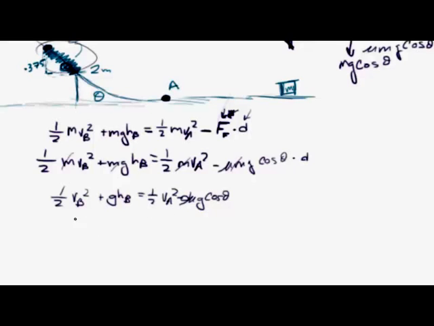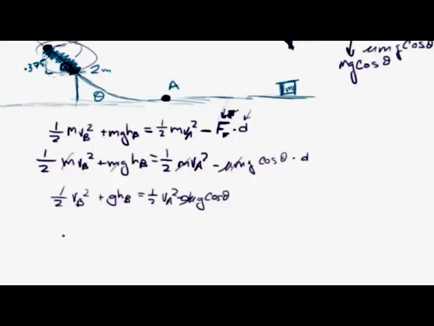So we are looking for the velocity at B. What are we going to be left with? We'll subtract that.